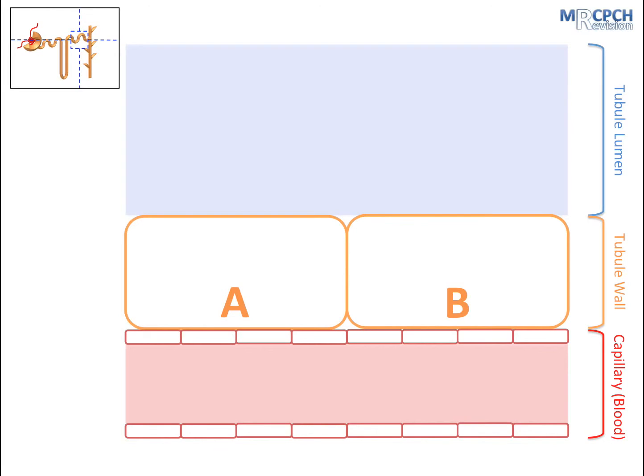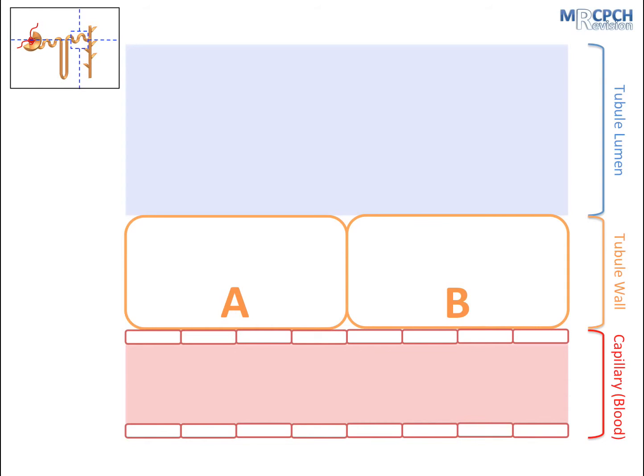The type A cell is responsible for secreting protons into the urine to make the urine acidic. And it also accounts for the remaining 20 to 30% of bicarbonate reabsorption.